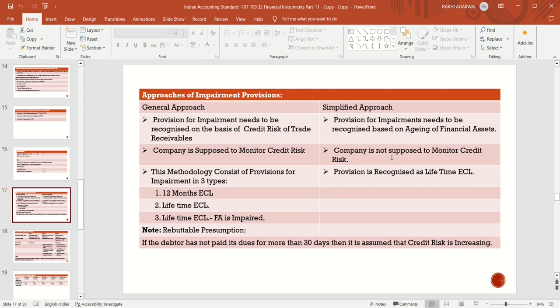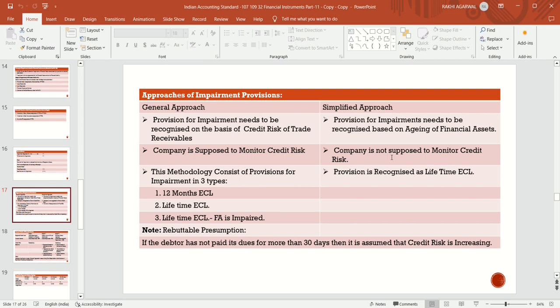In the general approach, there are three methodologies for provision for impairment. In the simplified approach, they recognize the provision on the basis of lifetime expected credit loss, but in the general approach, they recognize the provisions in three types.